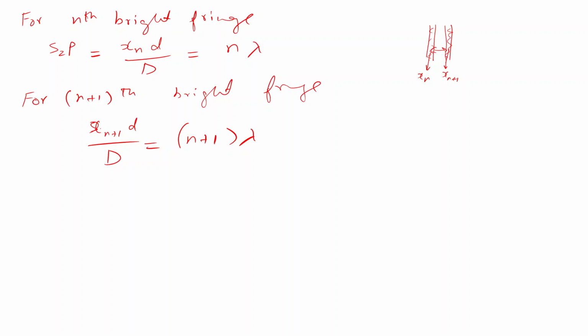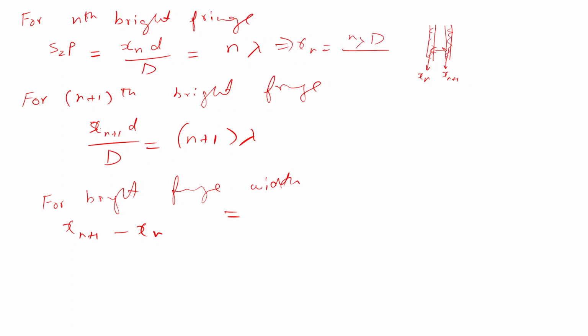Okay, so the bright fringe width will be given by xn plus 1 minus xn, which will be equal to, if you see from here, xn will be n lambda times capital D divided by small d, and from here we'll get xn plus 1 is equal to n plus 1 times lambda times capital D divided by small d.